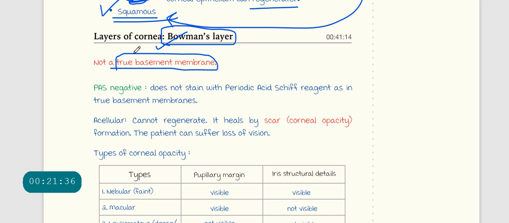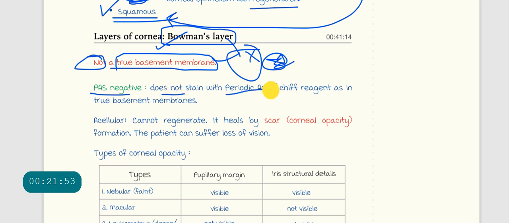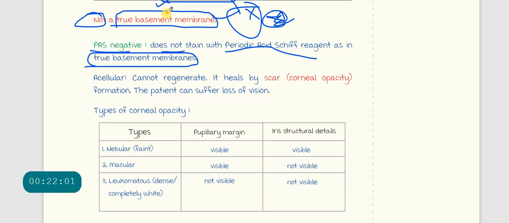It is PAS negative, it does not stain with periodic acid-Schiff reagent, as it is not a true basement membrane. It is a false basement membrane. It is acellular, and that's why it does not regenerate. Very important.